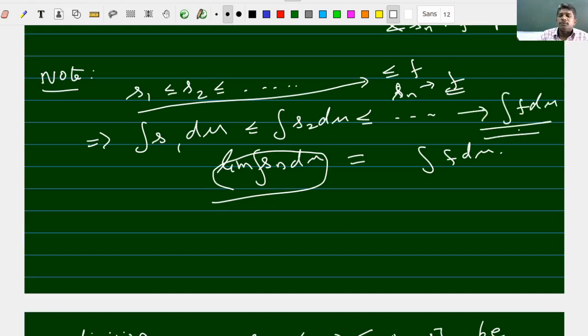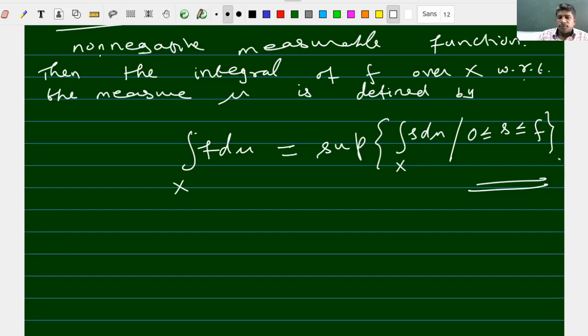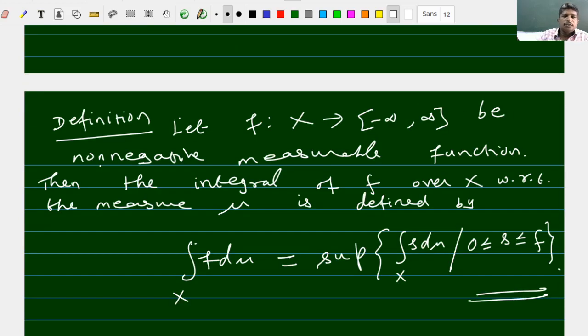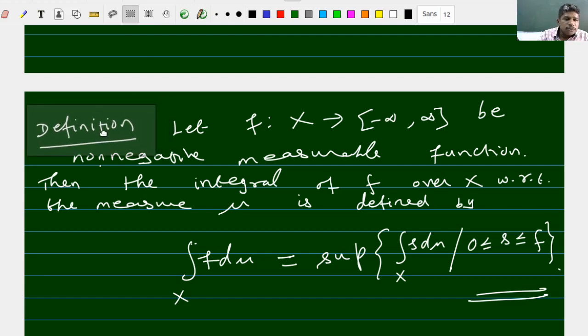That's the idea. Integral of S_1, integral of S_2 and so on, you will hit a point, it will converge to a point. That point is defined to be the integral of f. This is the definition I take, and this definition will be used in the forthcoming discussions.